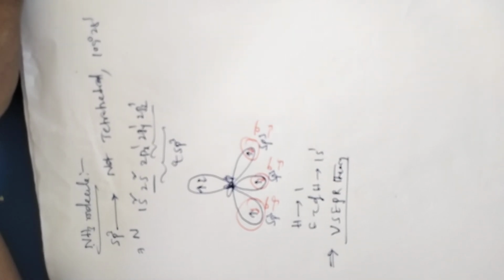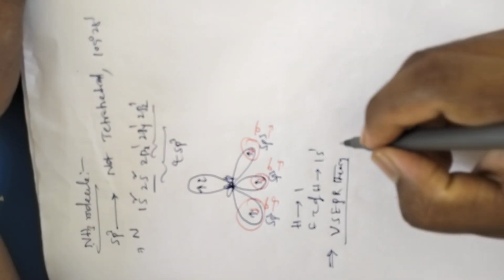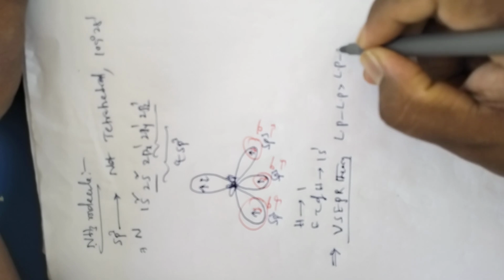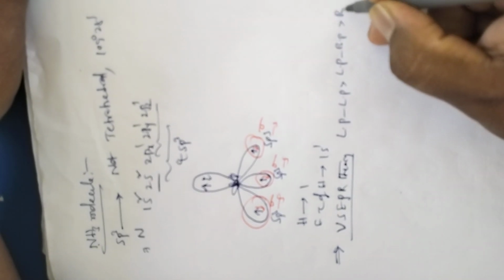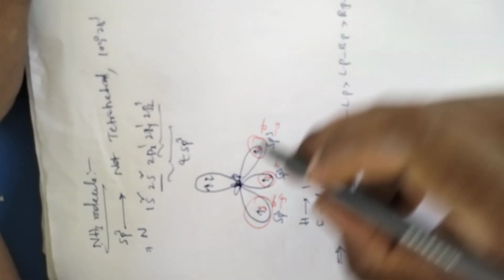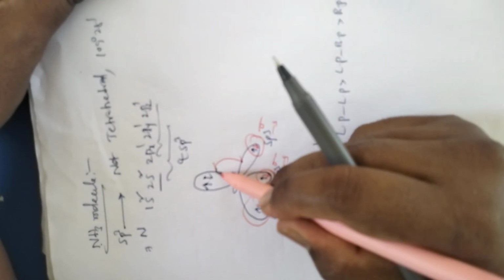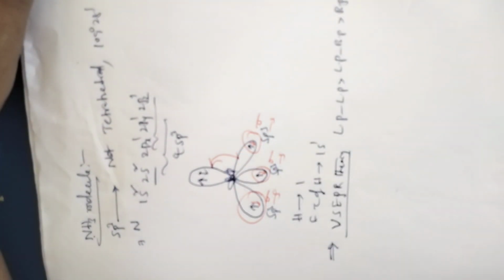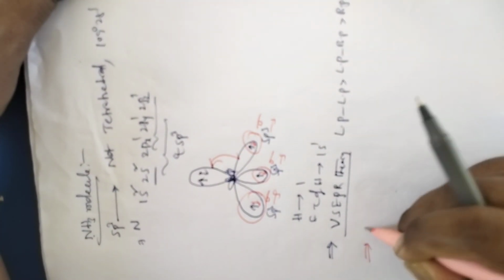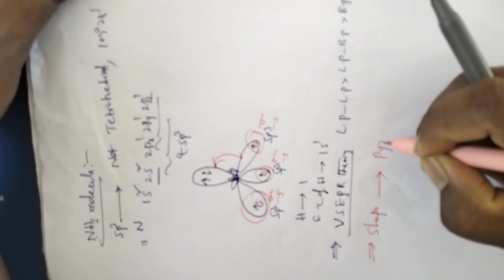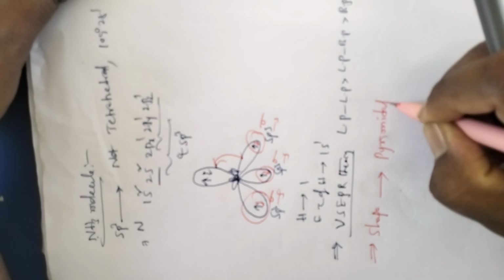Lone pair to lone pair repulsion is the greatest, then lone pair to bond pair, then bond pair to bond pair. Here there is one lone pair and bond pairs. Because of these repulsive forces, the shape of the molecule deviates from tetrahedral to trigonal pyramidal.